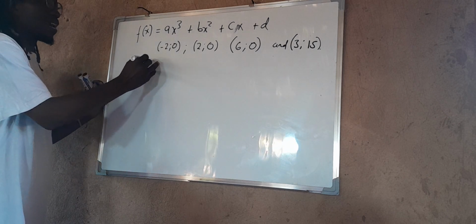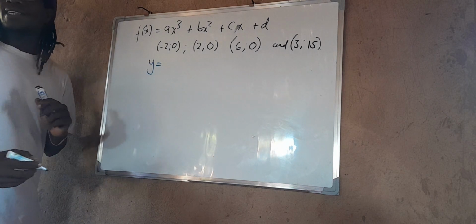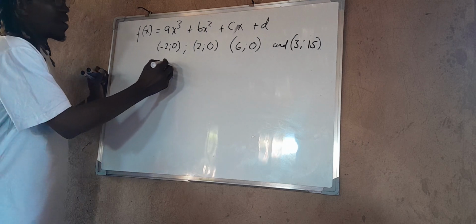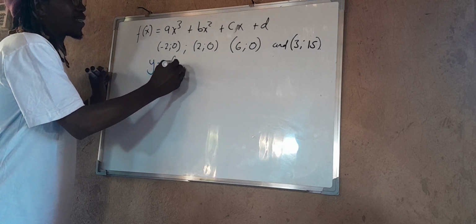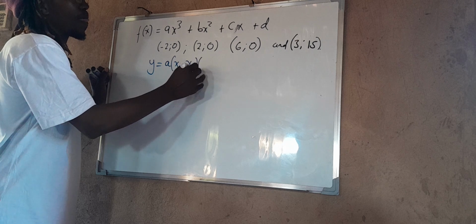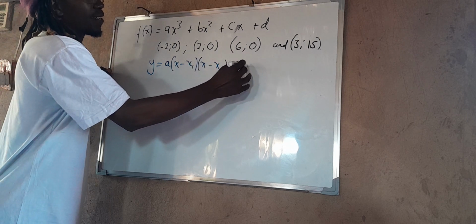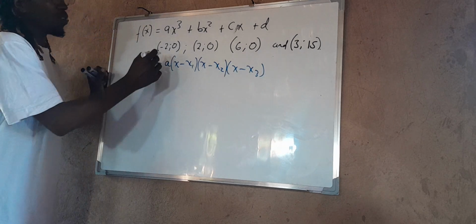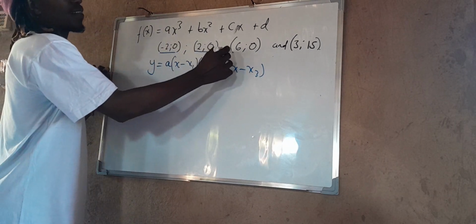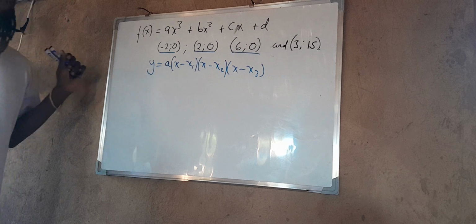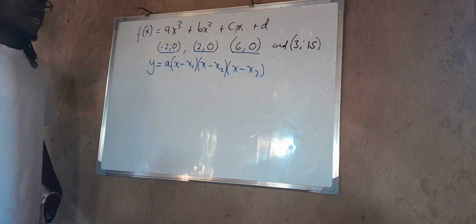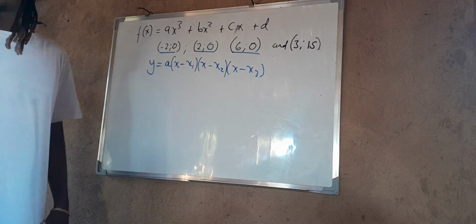How? Because we know that when we are factorizing, we get a(x - x1)(x - x2)(x - x3). So these are the three x values. If we have x values like this, we can simply substitute them there.